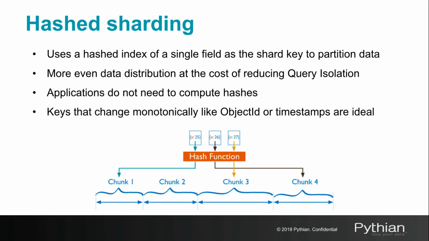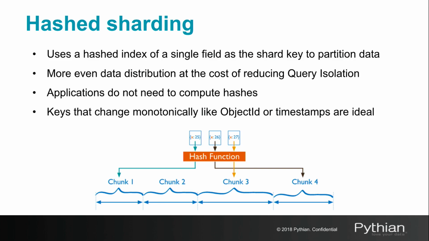With hash-based sharding, the database is using a hashed index of a single key, and that's used to partition our data. When we provide the values, the database automatically calculates the hashed value.